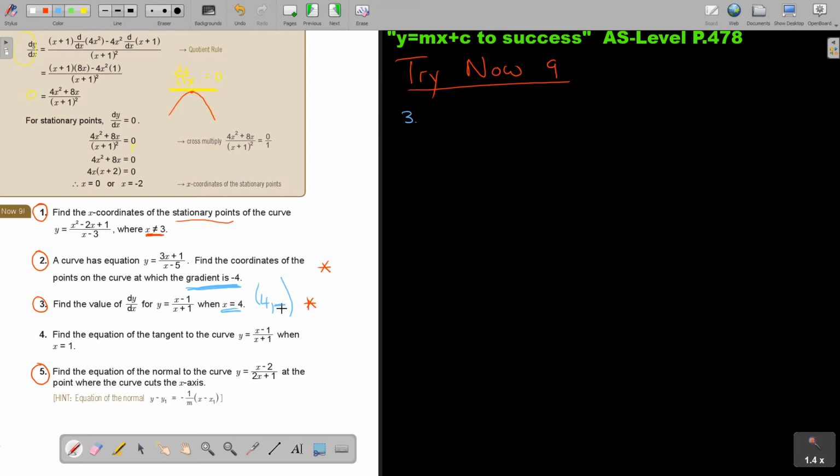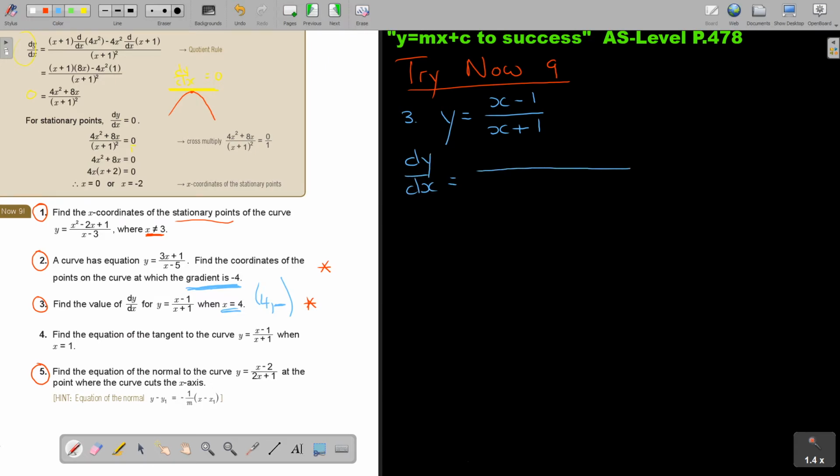I only find the y if they talk about tangents or normals. Then I will find the value of the y coordinate. But in this case, it's not necessary. So I'm just going to start with the function as always. And then I'm going to differentiate, as always.